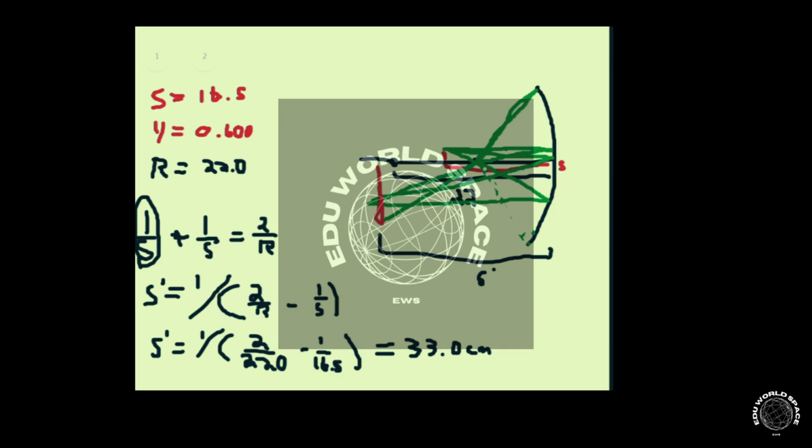Okay, so this image is real, and it is real because S, the distance from the object to the mirror, is larger than the focal length, and that will make our image real. Now, if the object was closer than the focal length, then that image would be virtual.